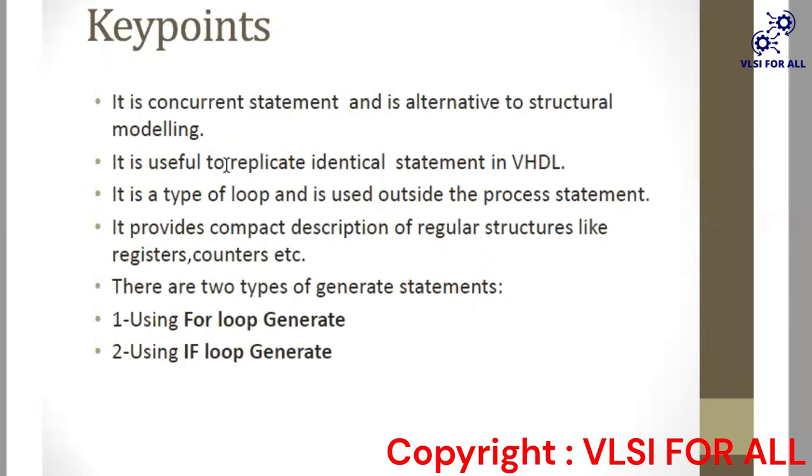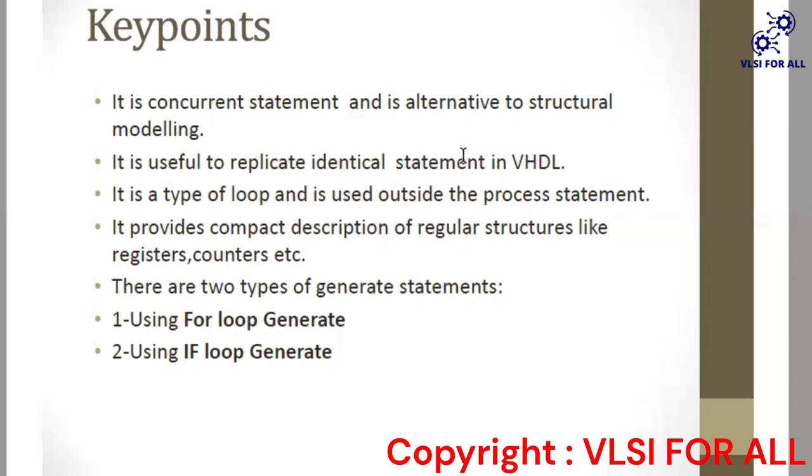It is useful to replicate identical statements, like I have already told you, like when we have to use a half adder 15 times. At that place we will use the generate statement, and it is a type of loop, and it is outside the process statement.